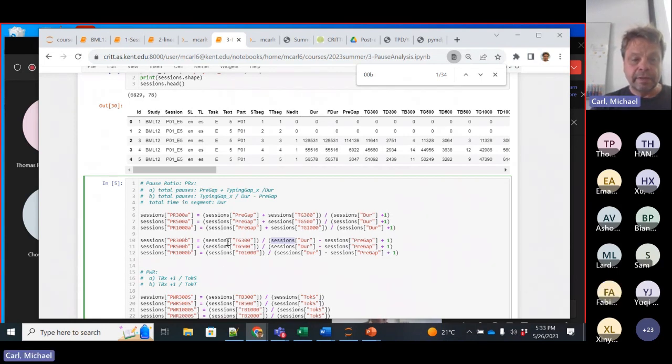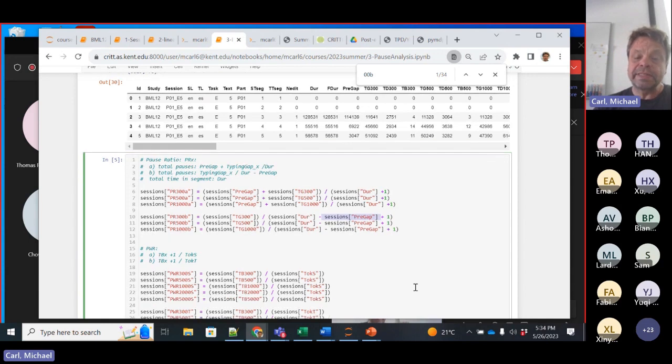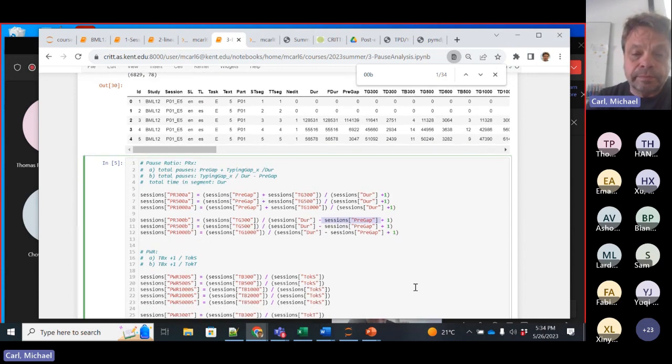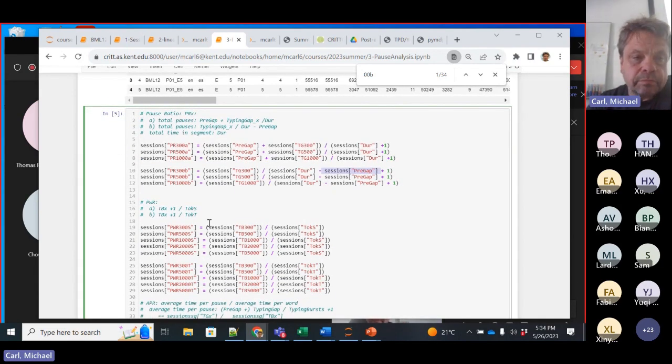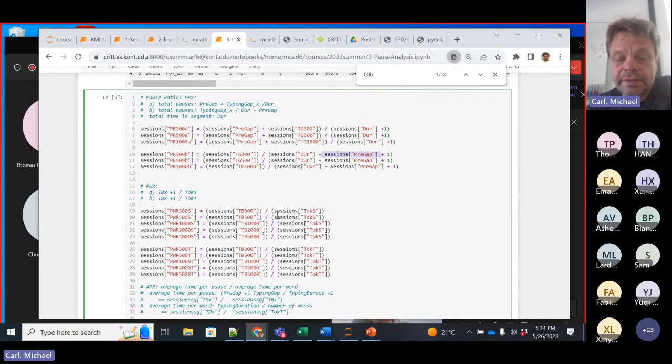So we take the total pause duration based on 300 millisecond, 500 or 1000, and we subtract from the whole duration the first pause, if you like, that precedes the typing in that segment. Is there any question with respect to this?